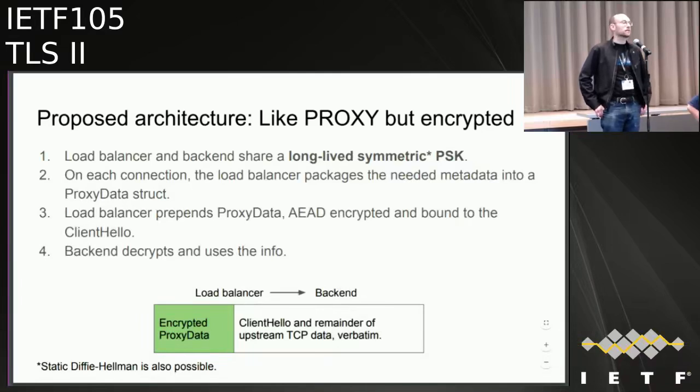If you're doing ESNI, it includes the client IP address if you would have otherwise used the insecure proxy protocol. And the backend just does some symmetric crypto to decrypt and use that info. So this is what the draft says currently. And in response to the draft, there was some very thoughtful and detailed analysis on the list, and a couple of other architectures were proposed.